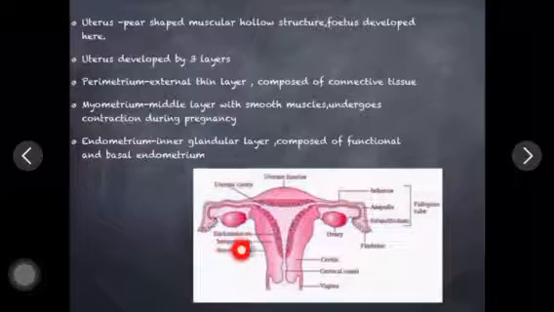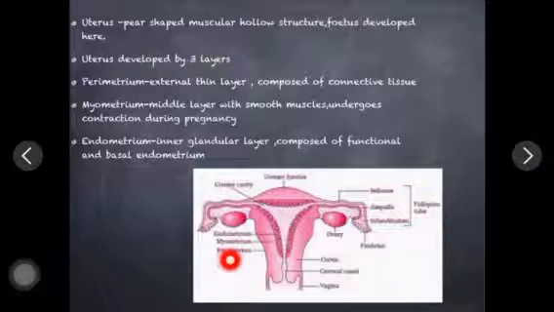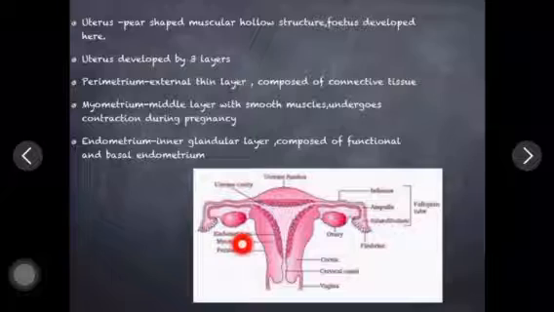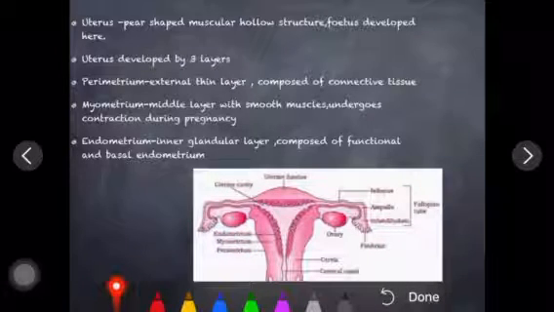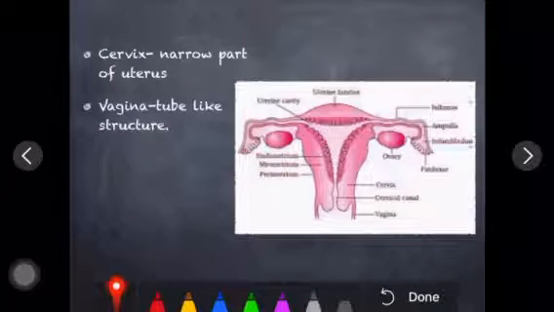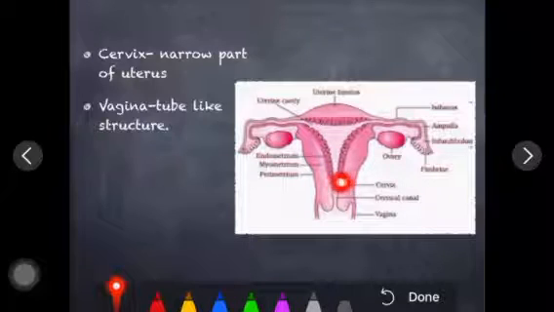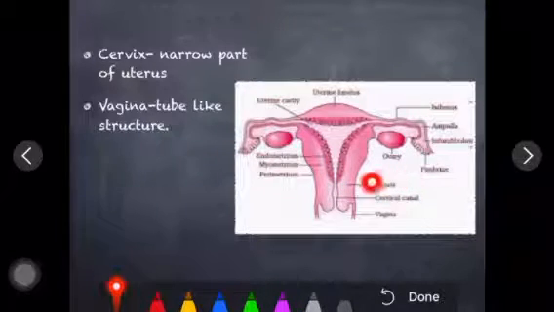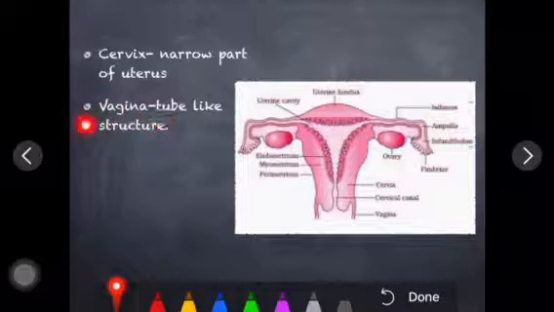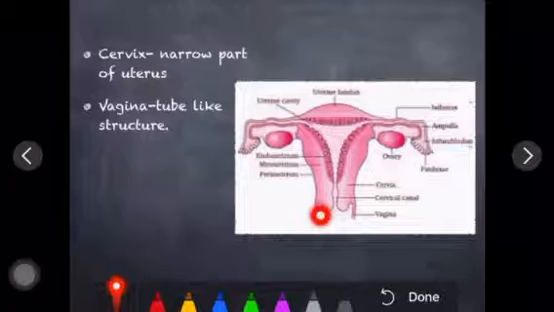So here are the three layers of the uterus: the perimetrium, then the middle one called the myometrium, and the innermost called the endometrium. Well, next we'll see the uterus opens into a narrow passage, and this narrow passage is called the cervix, and the last organ of the female reproductive system is the vagina, a tube-like structure.